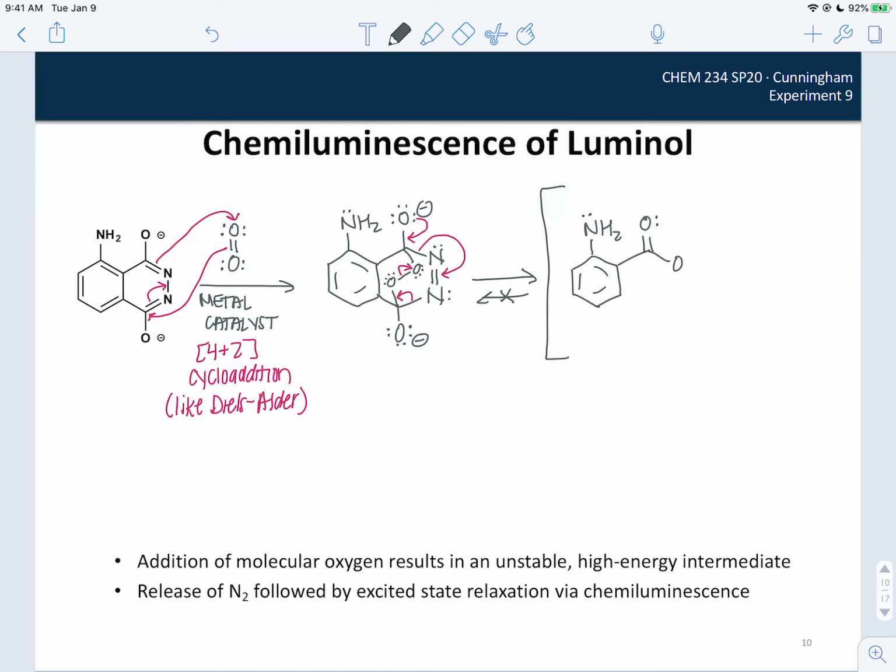And we can't go in the backward direction. So our N2 gas, we'll put our arrow there to show that that is going to be released. Now this is our excited state.